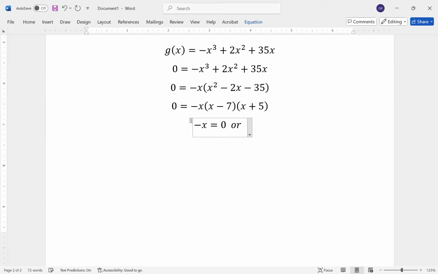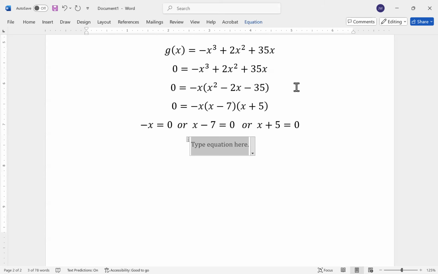So -x is set to 0, x minus 7 is set to 0, and x plus 5 is set to 0. That gives me 3 solutions. x is equal to 0, x is equal to 7, and x is equal to -5.